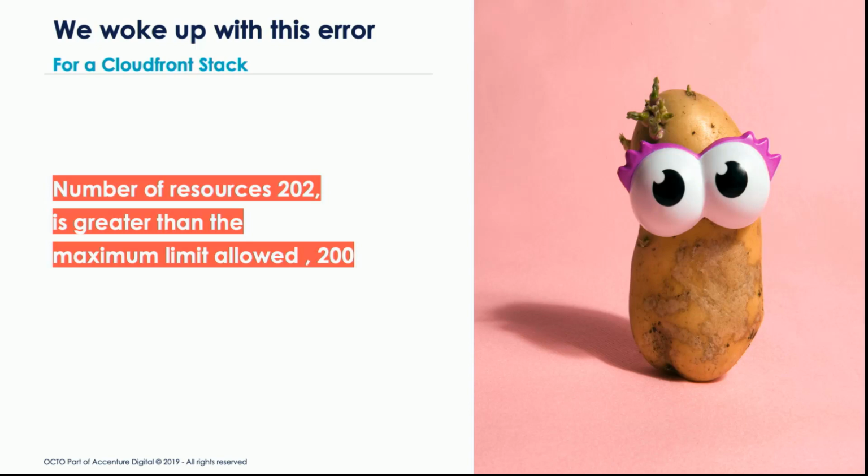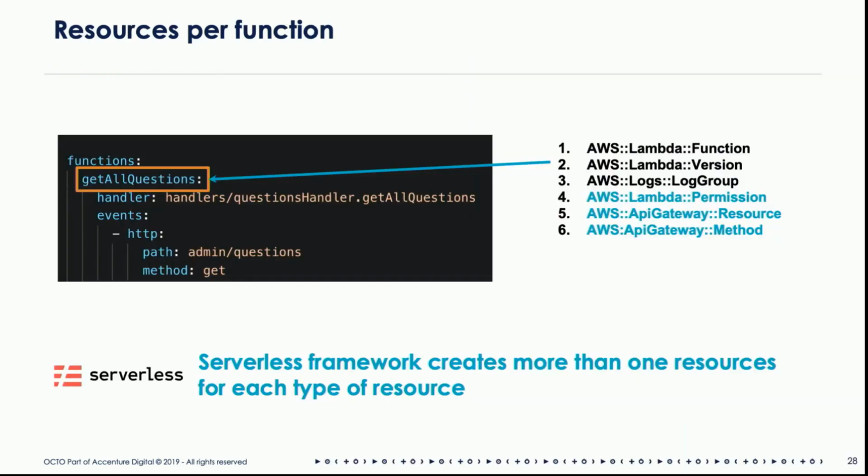Thank God we were not that crazy. It was more about the way Serverless Framework works. For any AWS resource that you define within Serverless Framework, it will in fact create more than one resource on AWS. It will create the Lambda function, a version, something about permission, API Gateway, and so on.